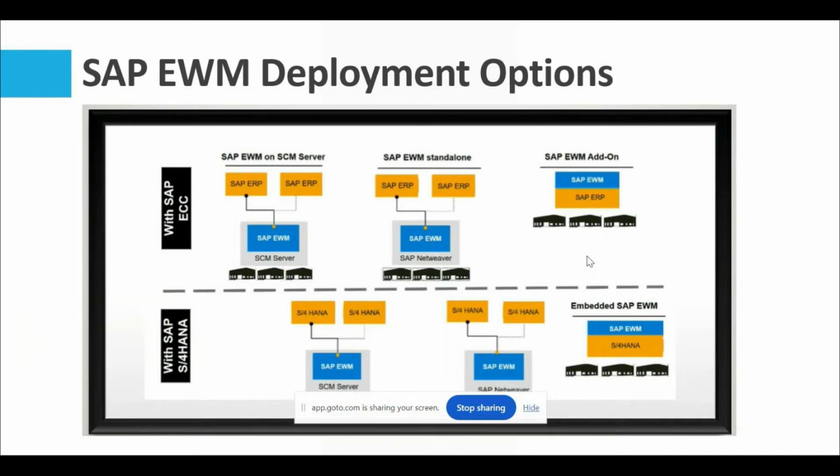In that situation, SAP has already provided some standard BAdIs with the help of which you can enhance the data being sent from ECC to EWM. I will cover that in detail in a BAdI session. But this is what I wanted to explain before we move to the technical overview session of SAP EWM objects. So the main thing is the decentralized and the embedded landscape.